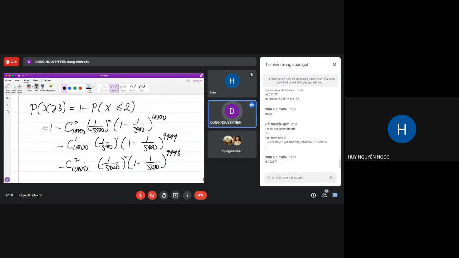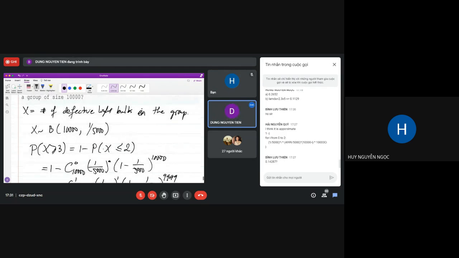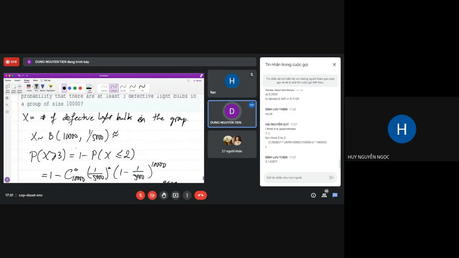However, dealing with small or big numbers could be a problem with your calculator. So you may want to think of using an approximation here, because the value n in this case is 10,000. It's quite big, right? Then you can approximate it by using a Poisson distribution, and the parameter lambda is simply the product of the two numbers.